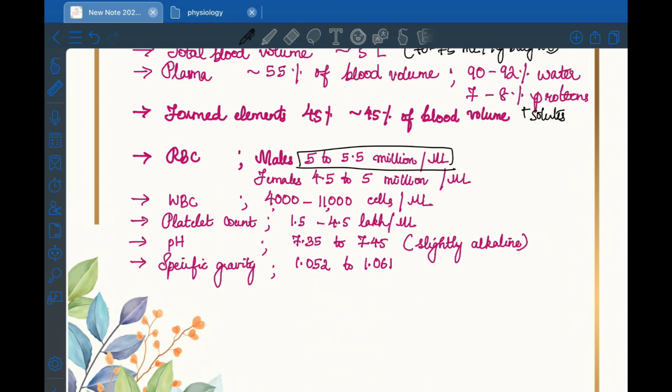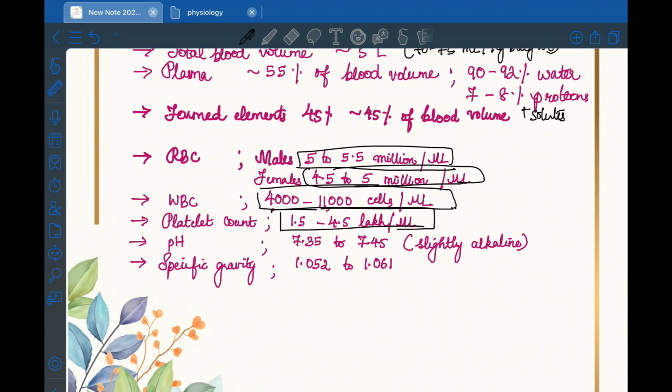Then in females, it is 4.5 to 5, and WBC count is 4,000 to 11,000 cells per microliter, and platelet count is 1.5 to 4.5 lakh per microliter.